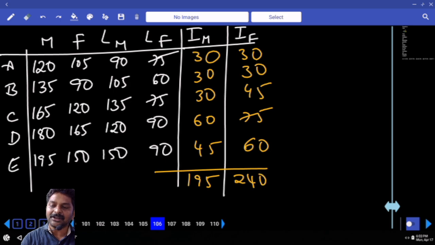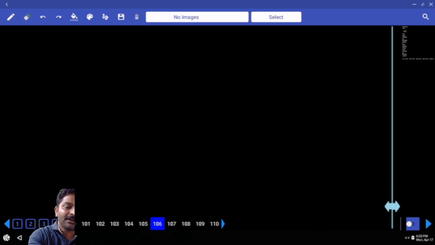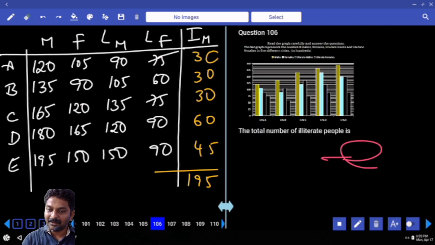So how many total illiterate people are there? Total illiterate, male and female, 435. So 435, this is what we need to compare.